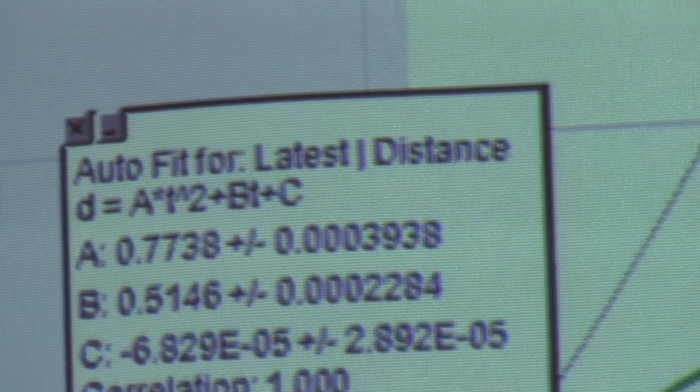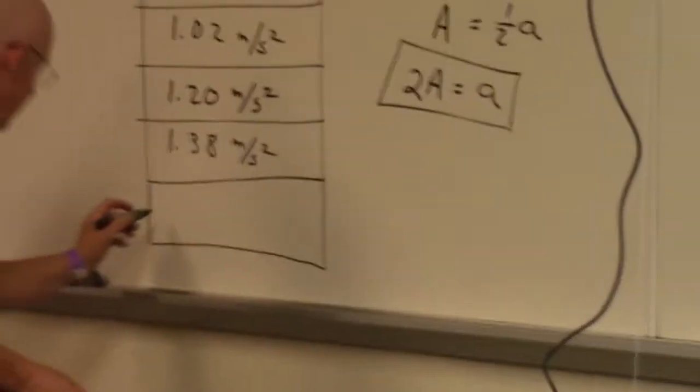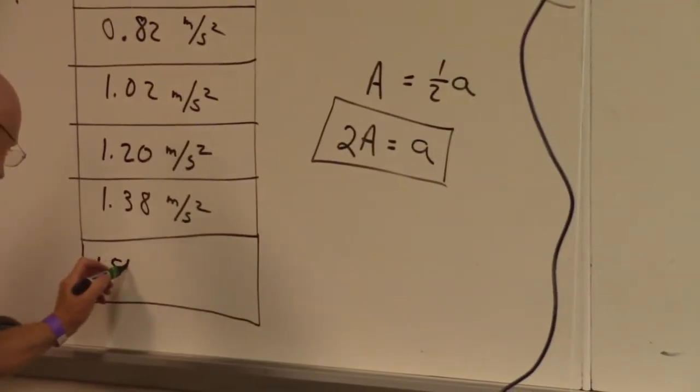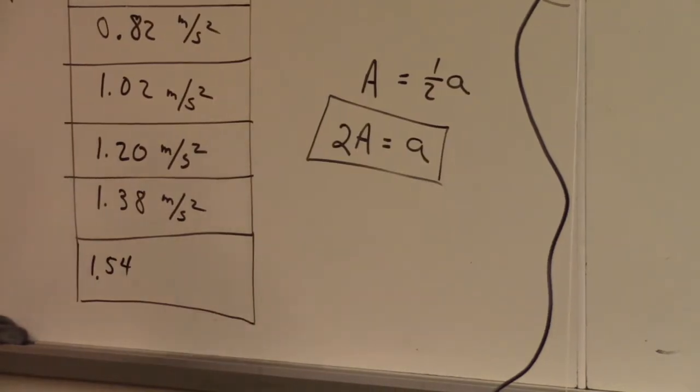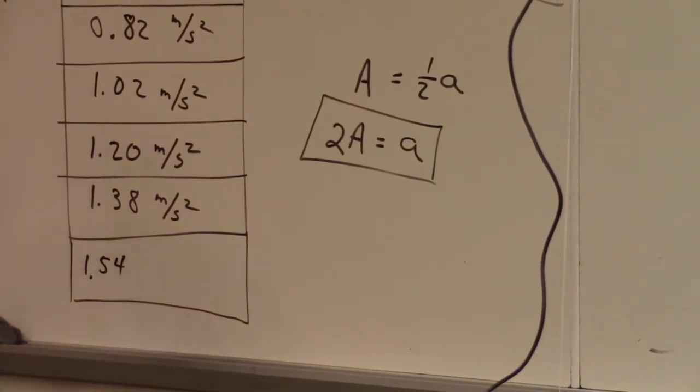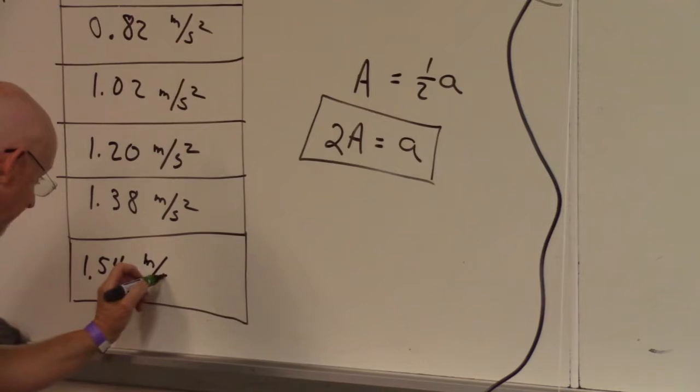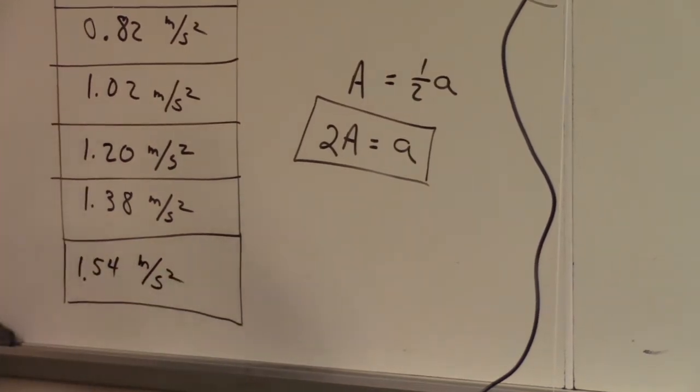And so if I double 77, let's see, 7 is 14, so that'll be a 15. There we go, with a 4. Okay, so 1.54 meters per second squared.